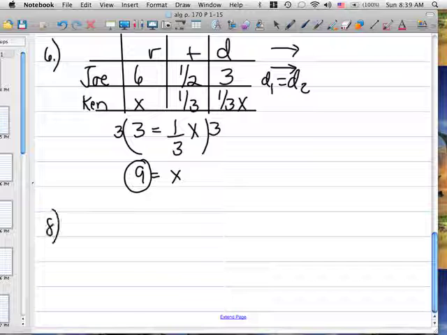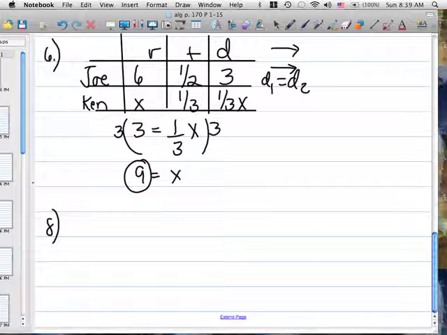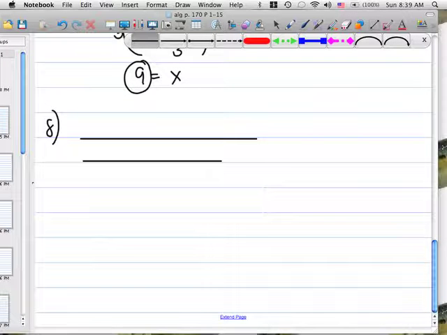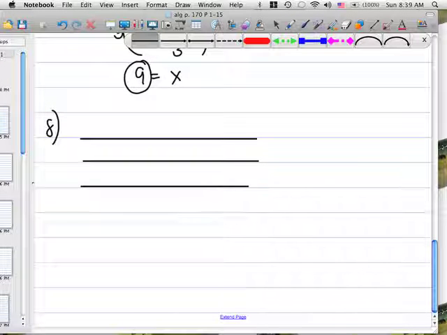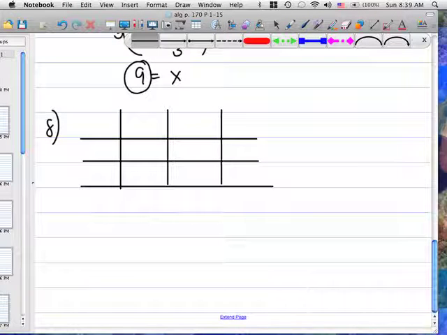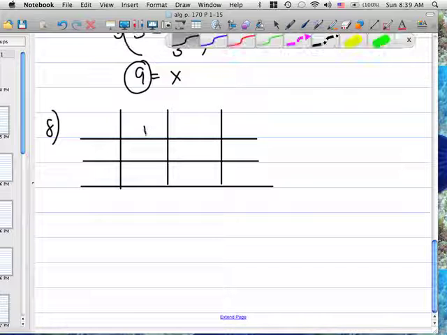Number 8. Draw the chart. Label it rate, time, distance.